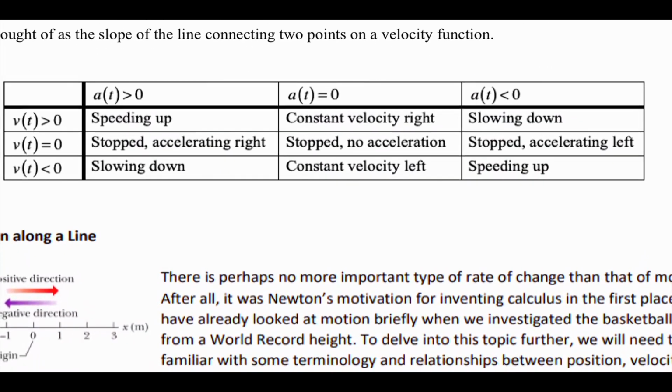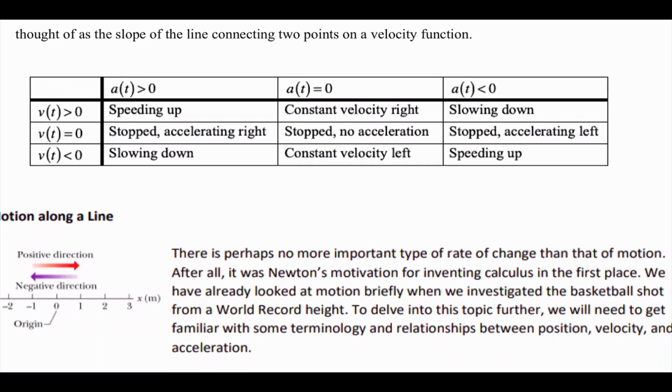They're going to ask us, when is the object slowing down? Well, slowing down means velocity is positive and acceleration is negative, or acceleration is positive and velocity is negative. So it's going to help us answer questions that we're going to see here in a little bit. That's what the table is for.